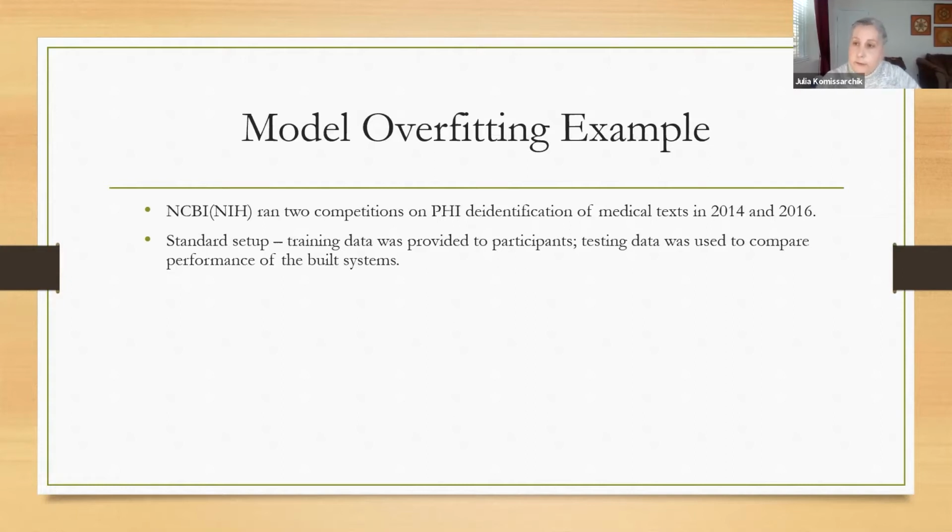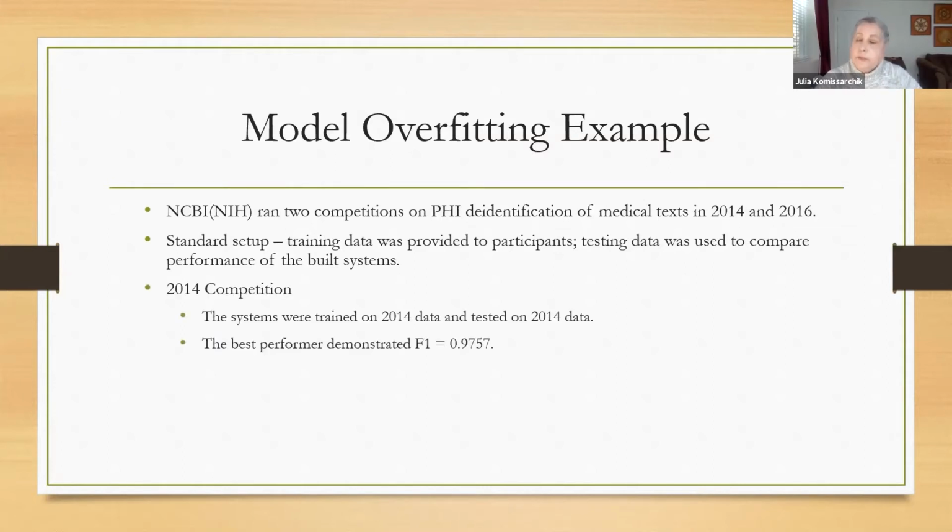The teams train their models, their systems, and quite often it's more than one model, so systems would be a more appropriate description. And then the resulting systems are tested on a set of data. So in the 2014 competition, the system was trained on 2014 data and tested on 2014 data.